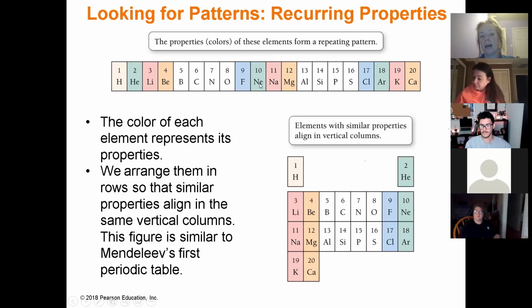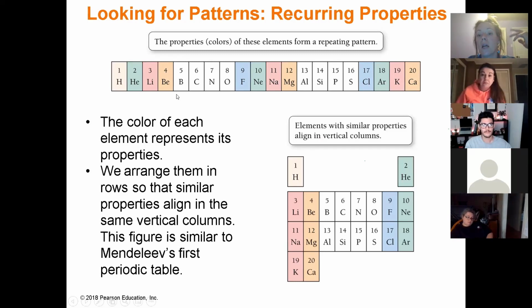And then what he found was that neon had this similar, quote unquote, green property. Let's say the green property is a property where the material doesn't like to bond with other things. And he saw that neon was very similar in property to helium. And then it went to that pink property, and then it went to that orange property again. And he saw that there was this repeating pattern over and over again.